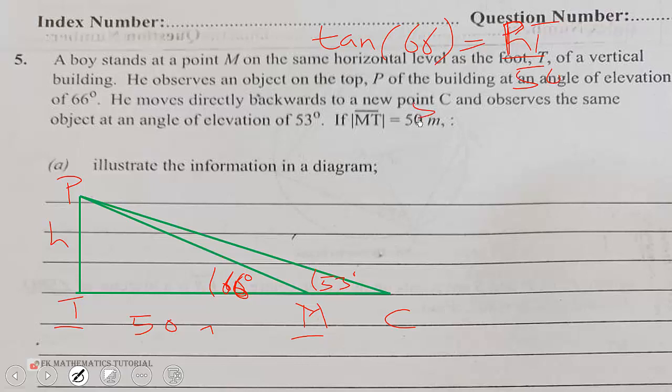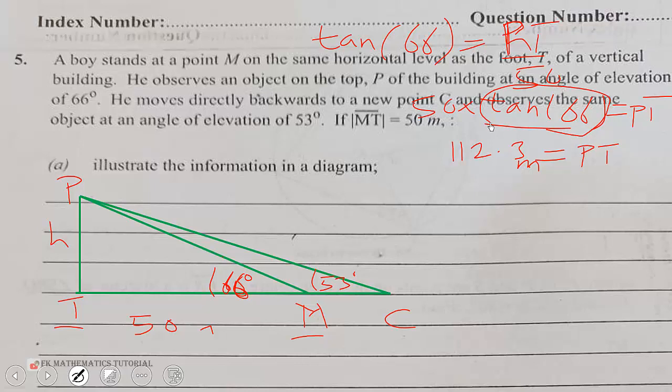So 50 times tan 66 will be equal to PT, which is the height of the building. So 50 times tan 66 will give us 112.3 meters. You should convert first of all these to decimal before you multiply, for the sake of scoring more marks in the exams.